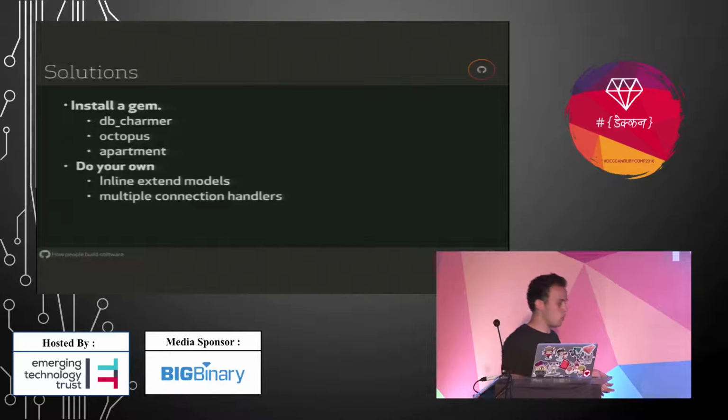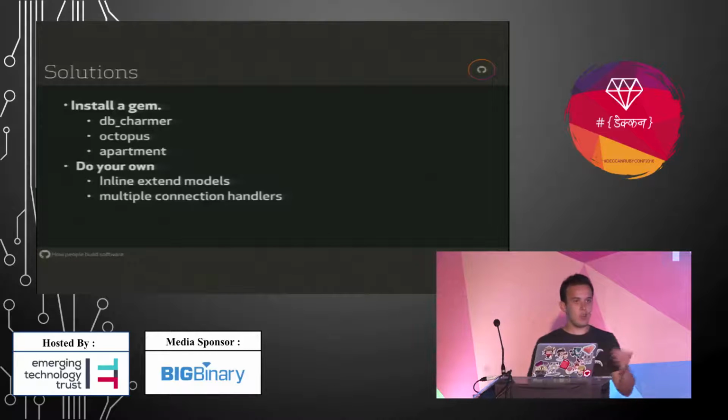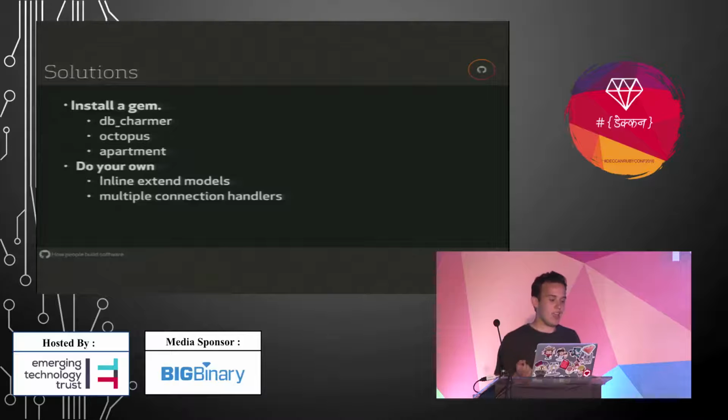So again, going back to the problem: I cannot have multiple connections for the same model, because if you think about that diagram that I showed before, you have one hash, and you cannot have multiple values for the same model. So you cannot have multiple connection pools for the same user. There are a few solutions out there to do that before Rails 5, which is to install a gem, as with everything in Rails.